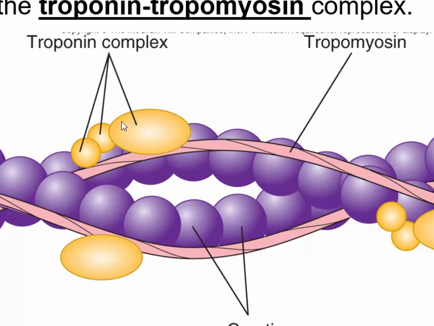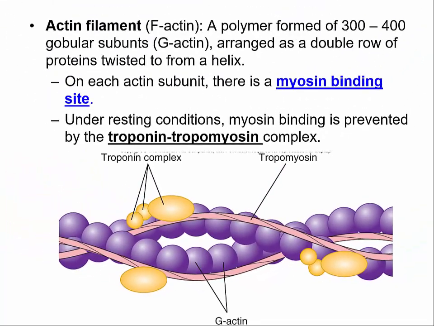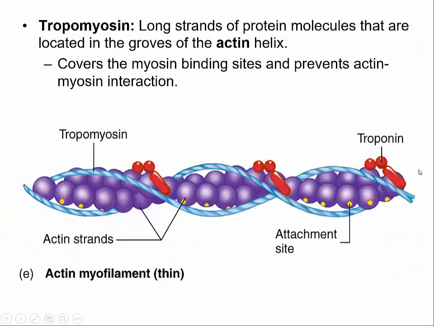So this right here is troponin, and then the belt-like structure is called tropomyosin, and these act to cover over the active sites until it's time for the myosin head to bind. So when you look at tropomyosin, this is the light blue strand. It's the primary cover of these attachment sites where the myosin head is going to bind.